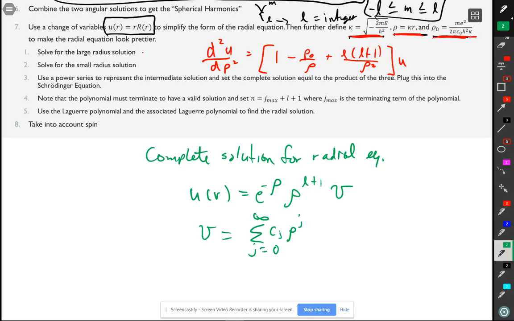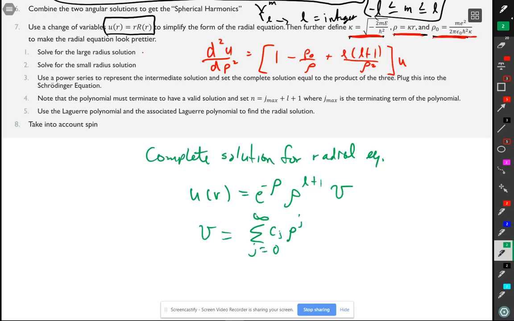We plug this back into our Schrodinger equation that's in red. And after doing the derivatives, we rearranged so we collected in powers of rho. So we have rho to the 1 times this stuff, plus rho to the 2 times this stuff. And of course, it wasn't rho to the 1 times this, it was summation of j equals 0 to whatever, rho to the j times this stuff.